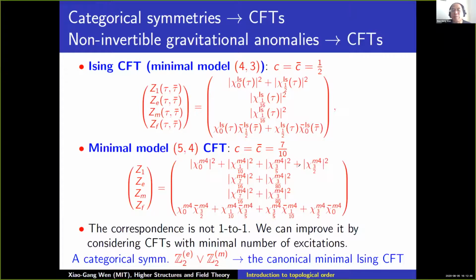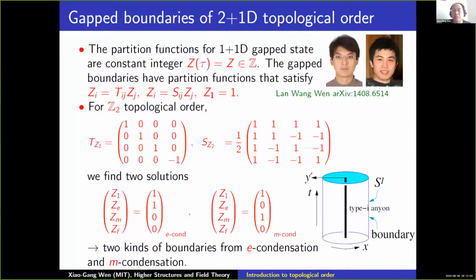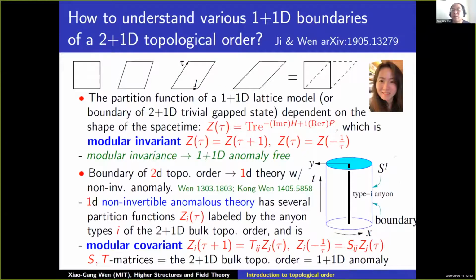To make it modular covariant, we insert an anyon in the middle to obtain other components of the partition function, which actually correspond to the CFT with different defect line insertions. We don't add them together, we just leave them alone as different components.